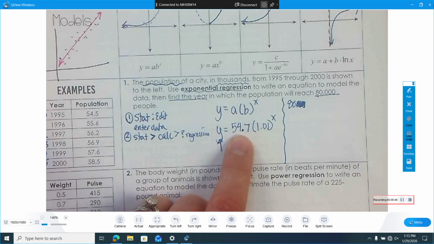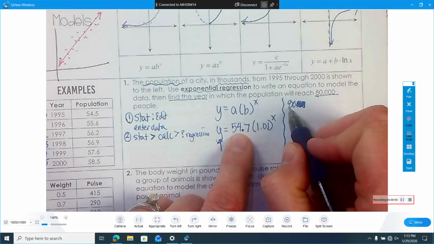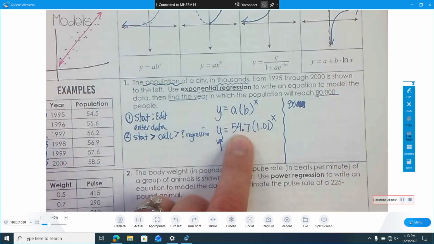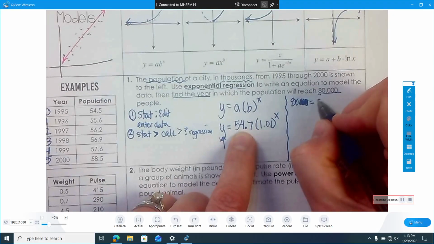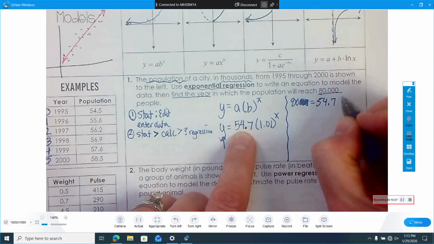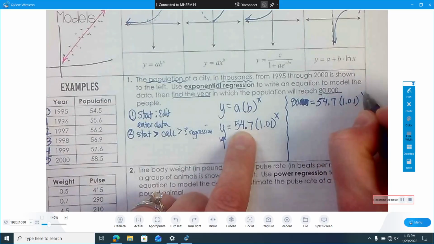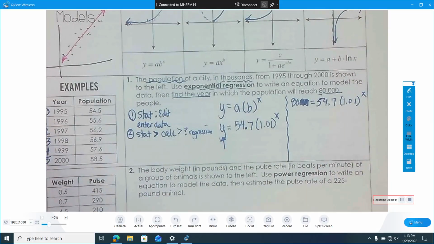It's 54,000 people, so it's really important that we're paying attention to what we're talking about. So that initial amount of people isn't just 54, it's 54,000. So we want to know when it reaches 80,000 people. So when 80 equals 54.7 times 1.01 to the x power, and that's really a t for time.